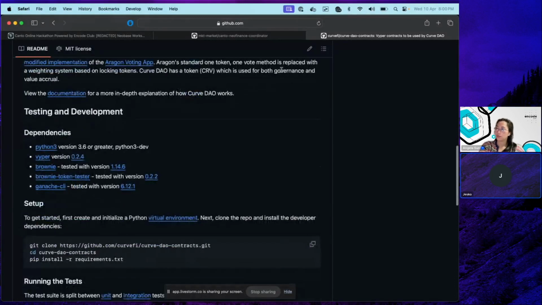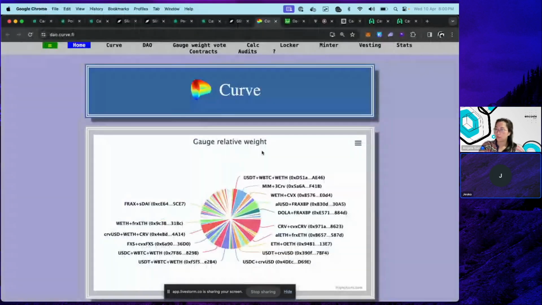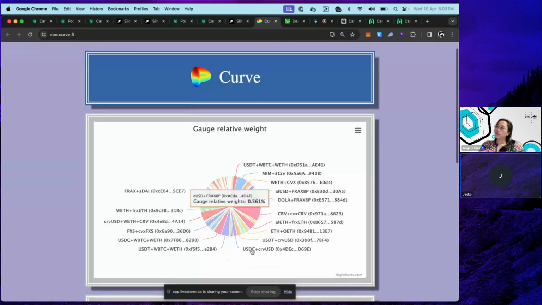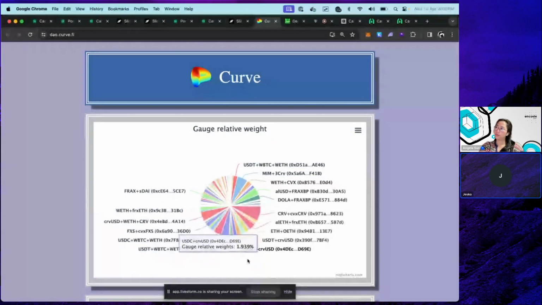So what happens is that we can do a quick walk-through. Curve has a lot of pools on their platform, including on Canto. For example, these are the Curve pools. We have USDC Curve USDC, then USDT Curve USDC, then a combination of USDT BTC ETH, then a combination of Frax and DAI, and then a combination of, let's say, Convex and WETH, right?